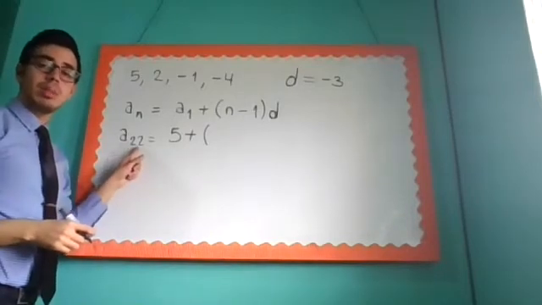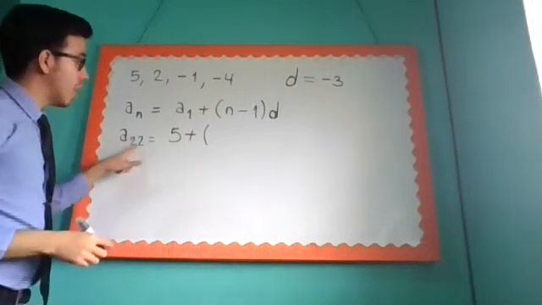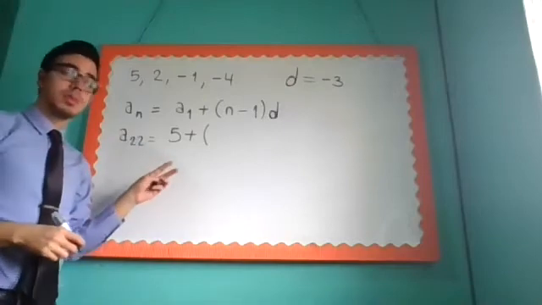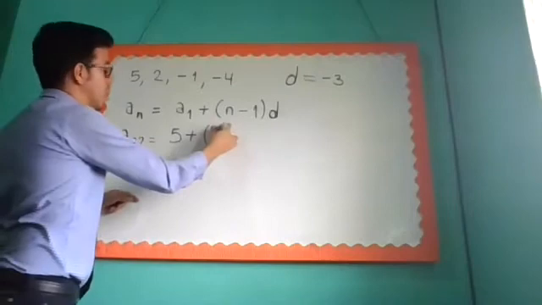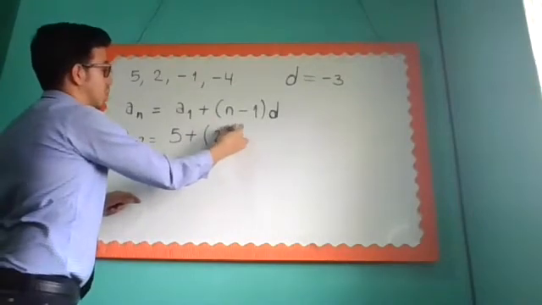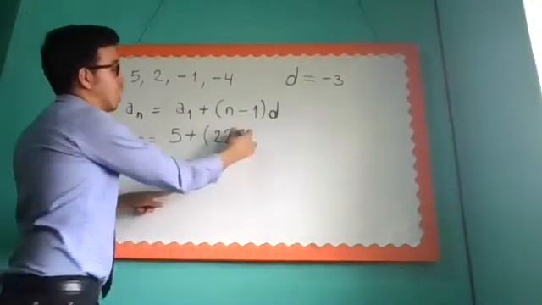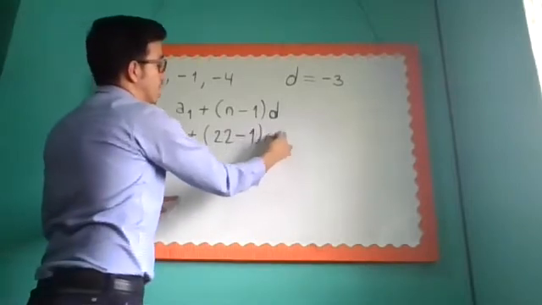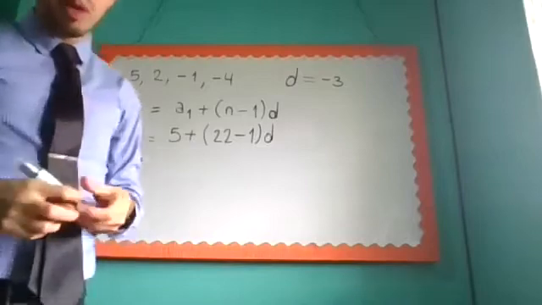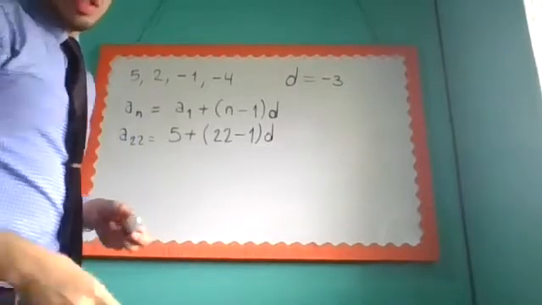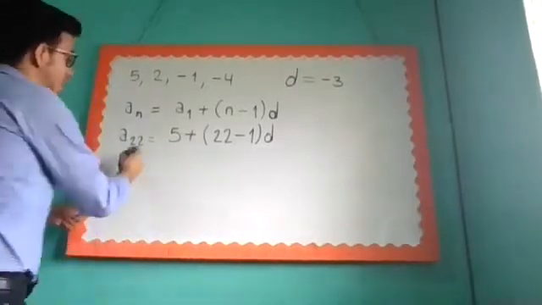So n is going to be 22. Remember, n is the number where I'm working, 22 minus 1 multiplied by d. D is the common difference again. Don't forget about the variable d. We only solve the operation in here.